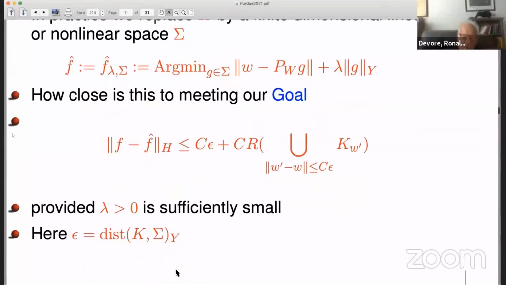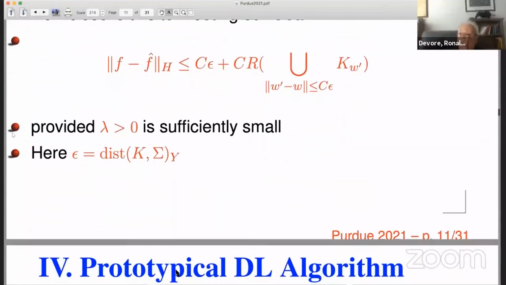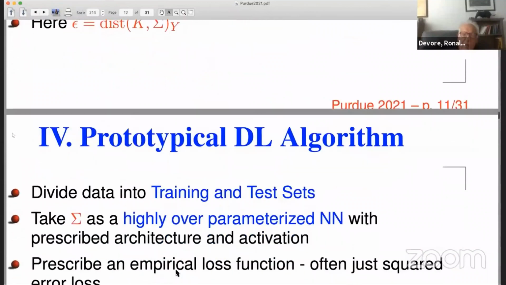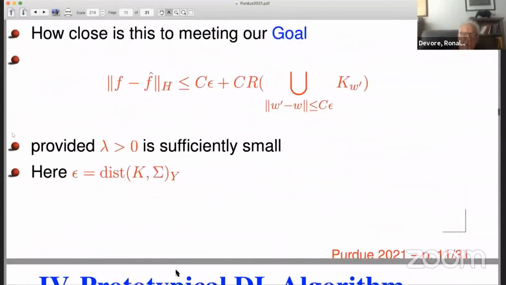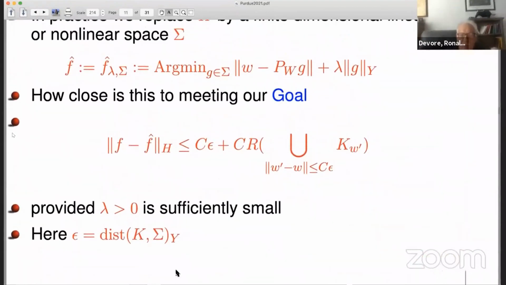Okay, so this tells me a numerical strategy for solving the learning problem that I can prove will give me a near optimal solution.